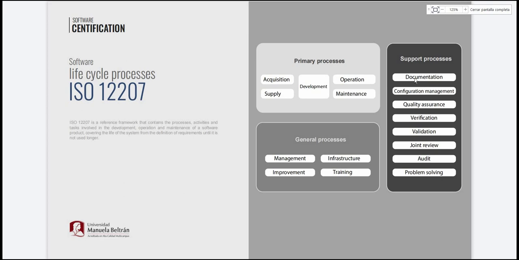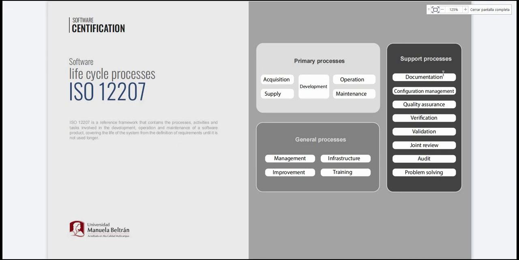The support process. This provides assistance to the rest of the processes and is applied anytime during the life cycle of the software. This is composed of sub-processes, which are documentation. Documentation records the information produced by a life cycle process or activity, which are design, edit, distribute, and maintain documents produced during the development of software.